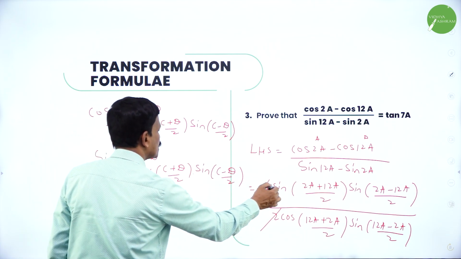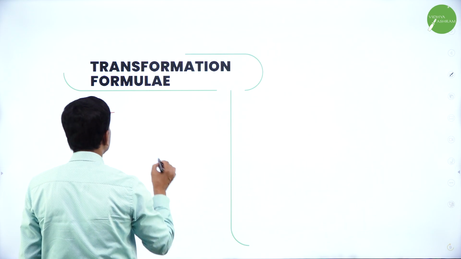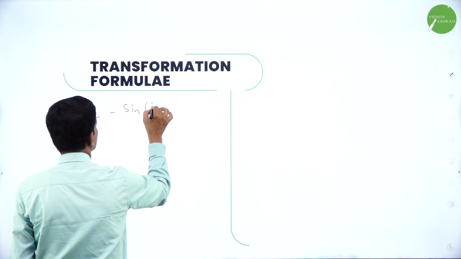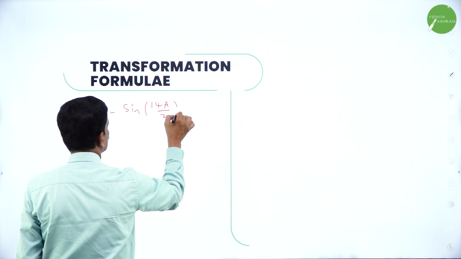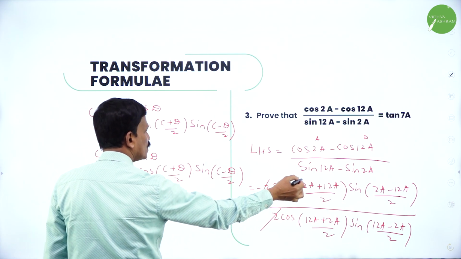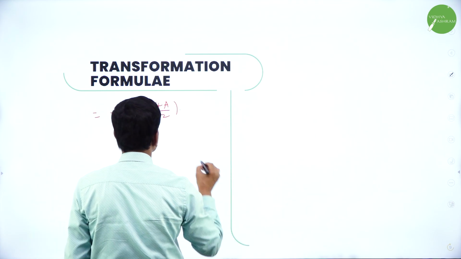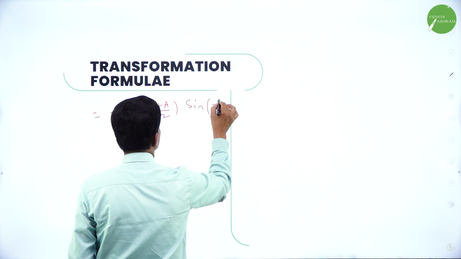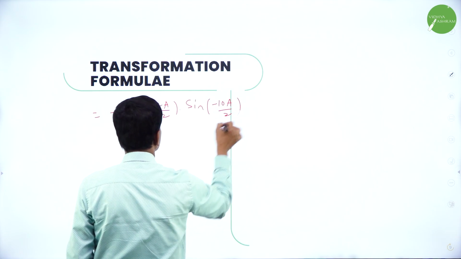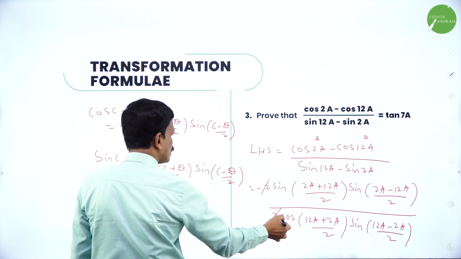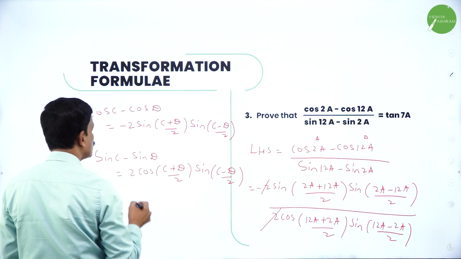Simplify. Minus sin of 2a plus 12 is 14a. Sin of 14a by 2 into sin of 2 minus 12 is minus 10. Sin of minus 10a divided by 2 whole divided by, in the denominator, 12 plus 2 is 14.